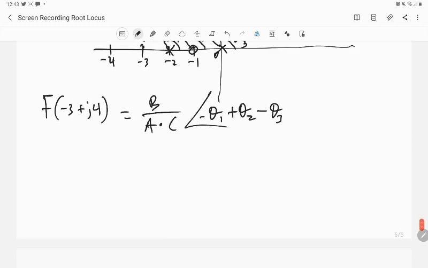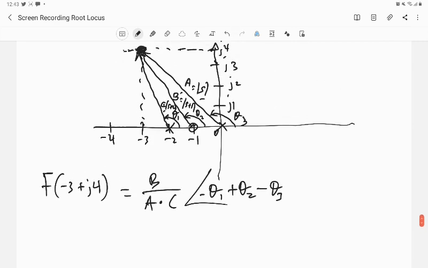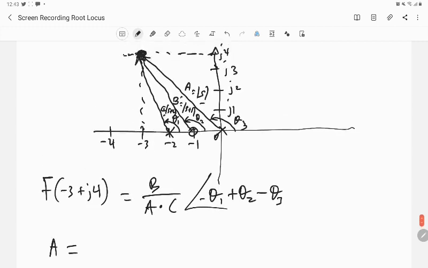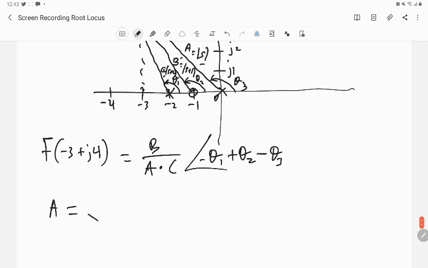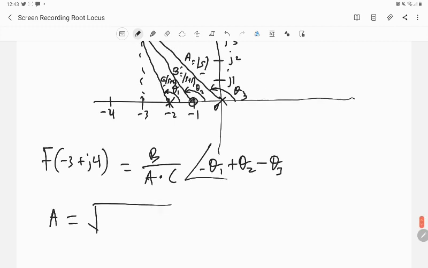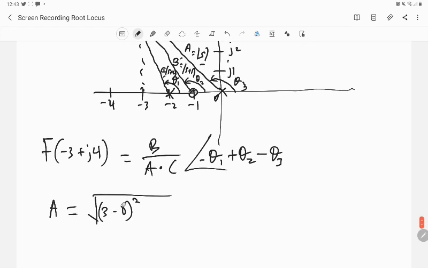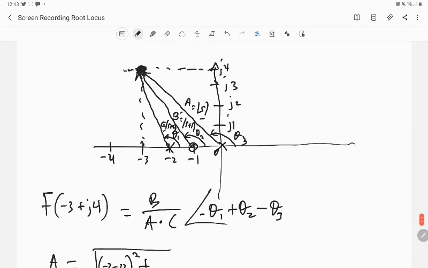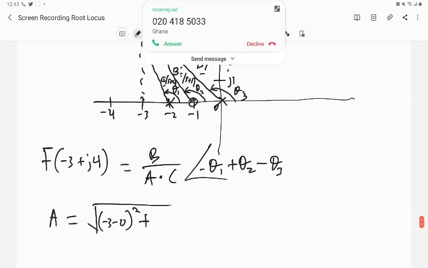So if I want to solve this, it's going to be simple. From the top, the magnitude for a will be equal to the square root of the real axis, 3 minus 0, squared. We are just finding the angle, but you can say minus 3 minus 0, it doesn't matter, and then you square, plus the imaginary axis, which is 4 minus 0, all squared.